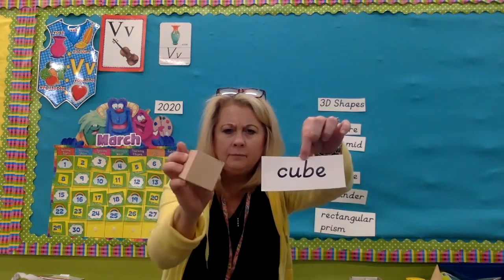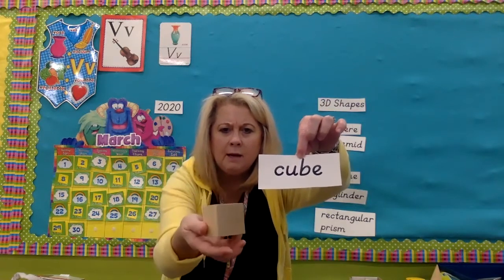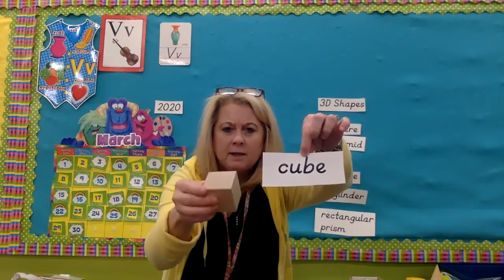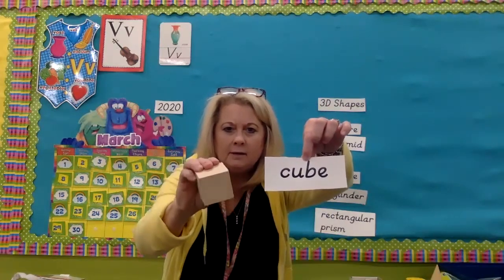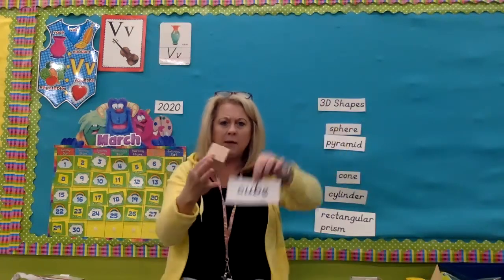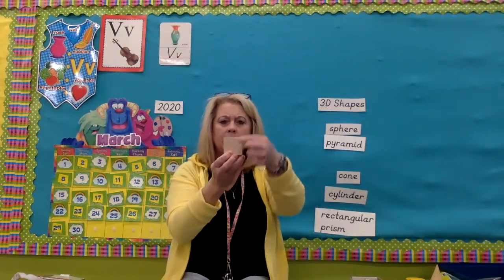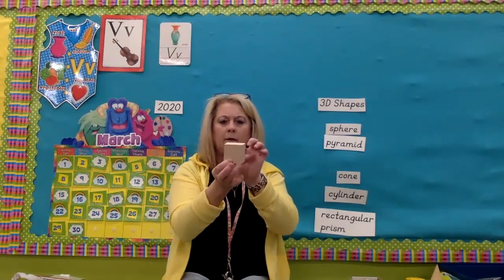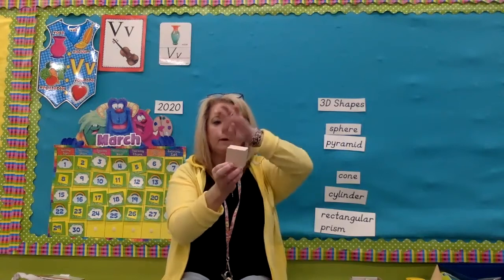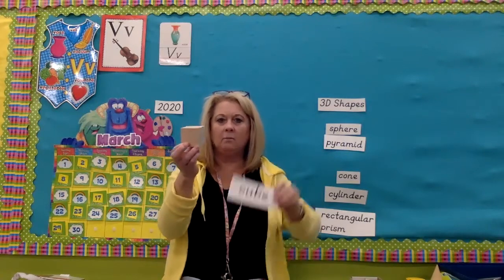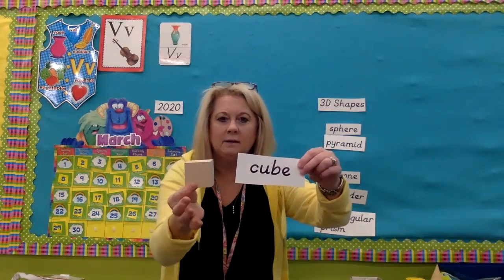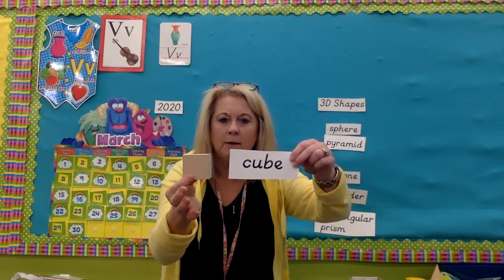Look at him. All of his sides are the same shape and the same size. Look at that. And let's see how many he has. 1, 2, 3, 4, 5, 6. Oh my goodness, he's got a lot. So this is the cube.